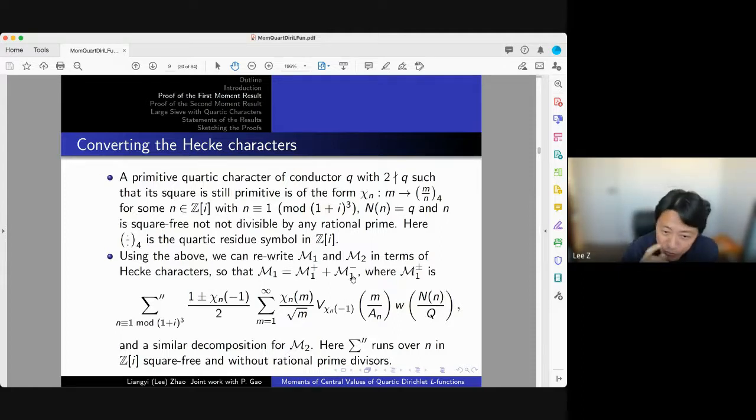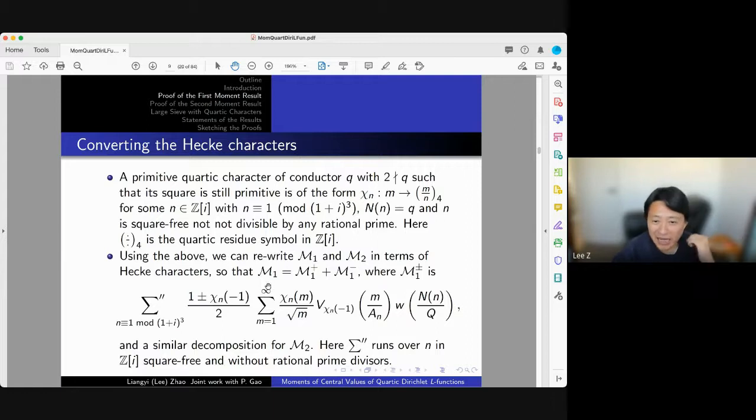All right, so breaking up those two things, this chi double prime basically restricts the n according to this lemma which I had earlier. So n runs over square-free elements of Z[i], and n has no rational prime divisors.